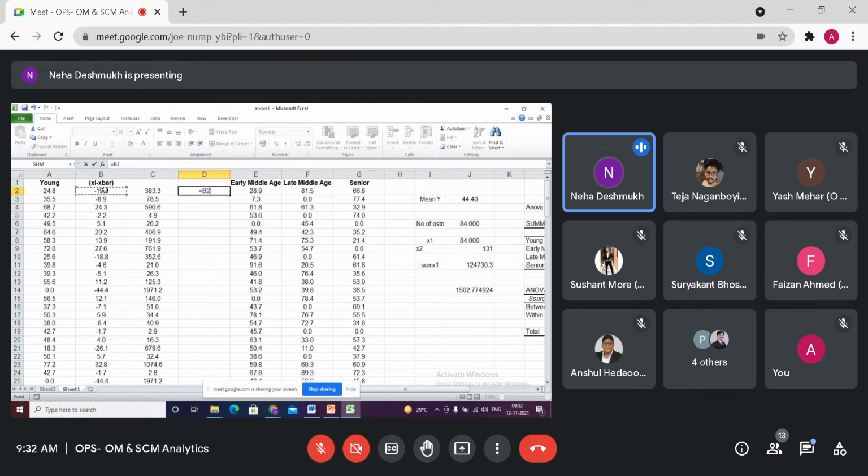My whole square, ma'am. (xi minus x bar) whole square. So this is square, na? This is xi minus x bar. This is the square of this. Yes, ma'am. Positive. Sum of this.